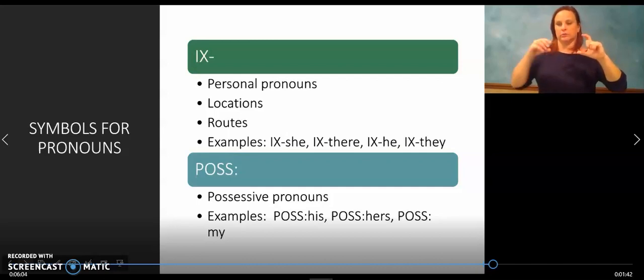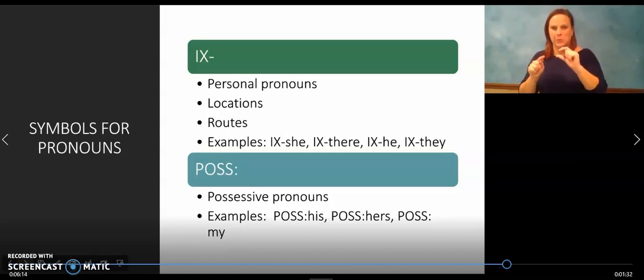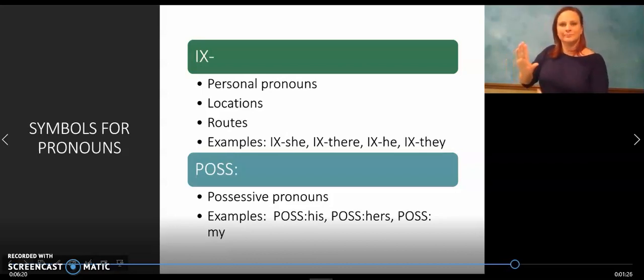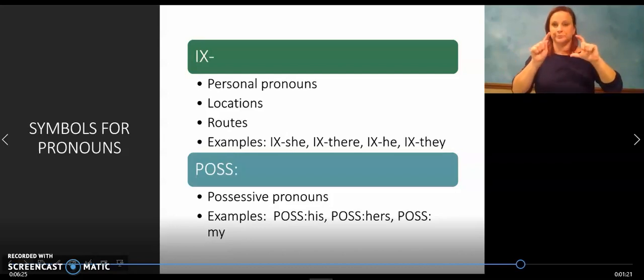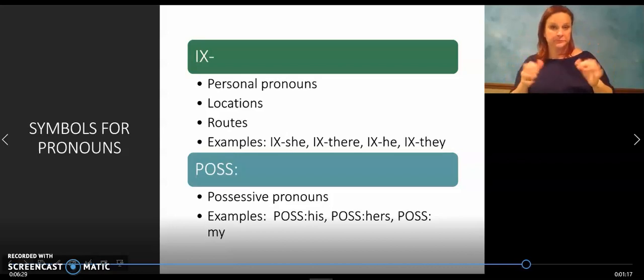So for example, if I do this, you would write capital POSS, colon, and then my in lowercase. If I do this, again, capital POSS, colon, lowercase, YOUR. If I sign woman, hers, you would write it as capital POSS, colon, HERS in lowercase letters.